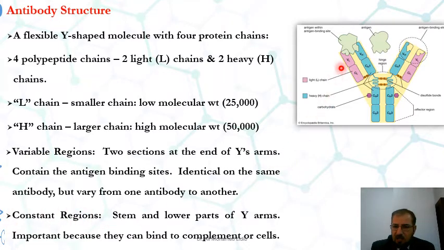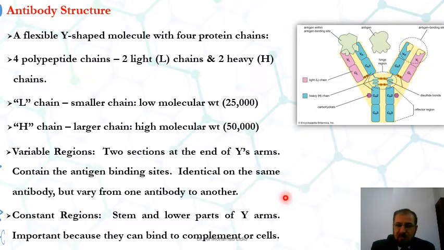So the variable region is this one, containing one arm of the light chain and one arm of the heavy chain. Half of the light chain and 1/4 of the heavy chain. See, inside this circle is the variable region.